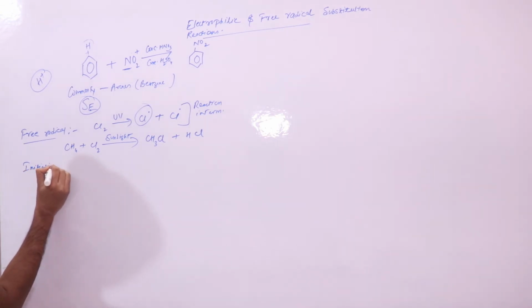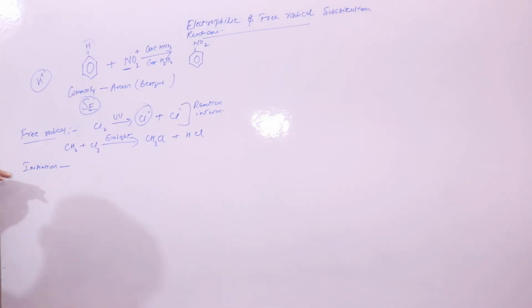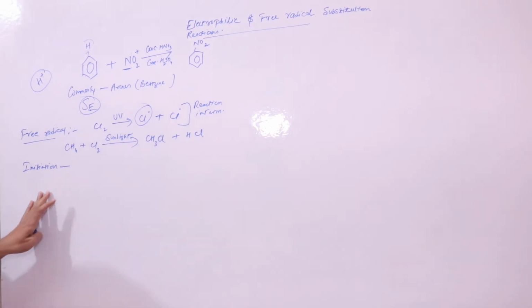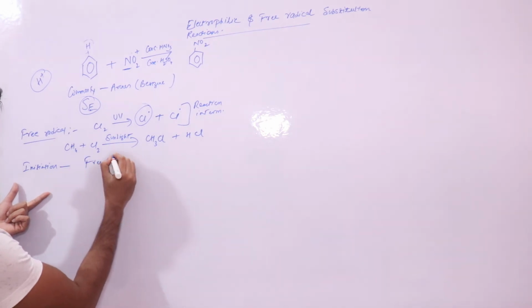First is initiation, then propagation, then termination. In the initiation stage, free radicals get generated.